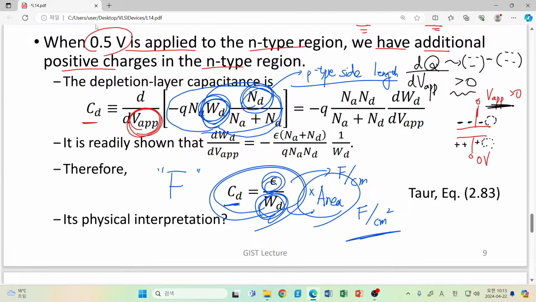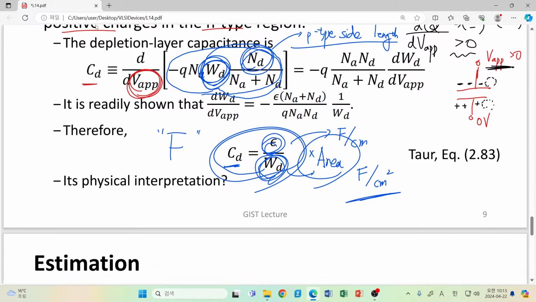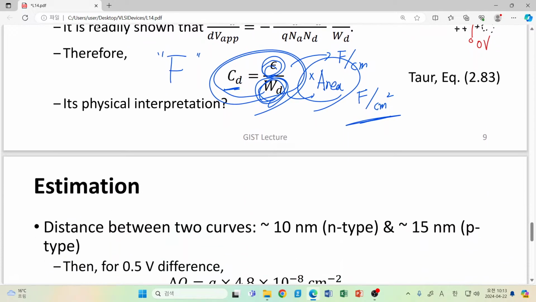Up to now we have just considered a one-dimensional structure called a PN junction. However, since this is a three-dimensional structure, we actually have two other directions that let me consider here. This is the direction written as x. Up to here we have the n-type region, and beyond that point we have the p-type region.